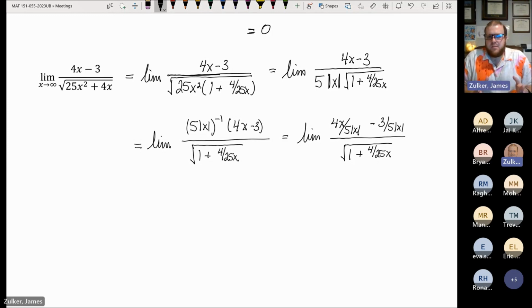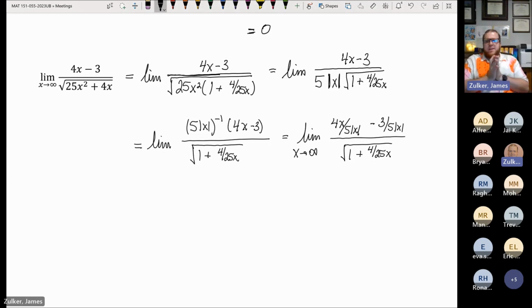Here's what we have to do. Remember back, it was Thursday evening, we looked at a limit involving absolute value. What do we do? We replace the absolute value with the appropriate function, either positive x or negative x, depending on what we were approaching. We're approaching infinity.